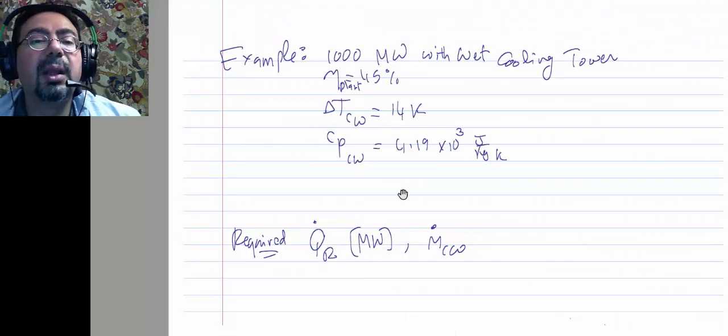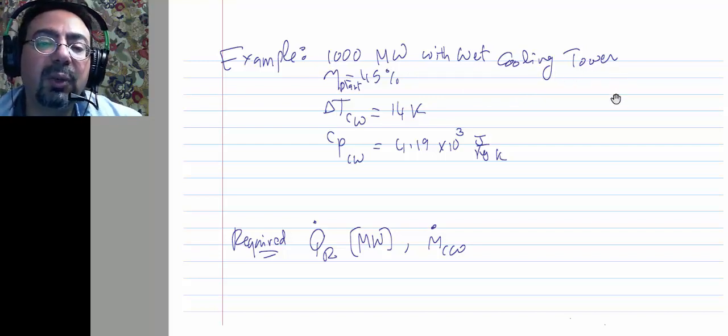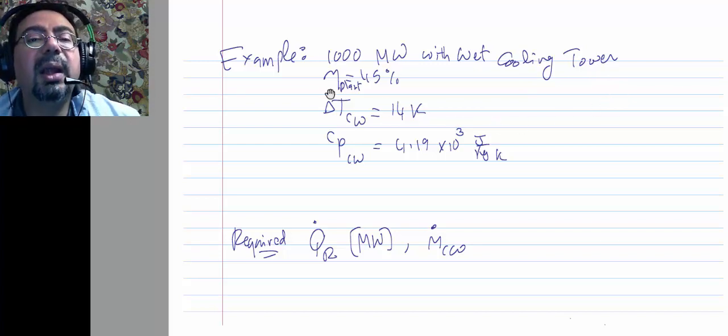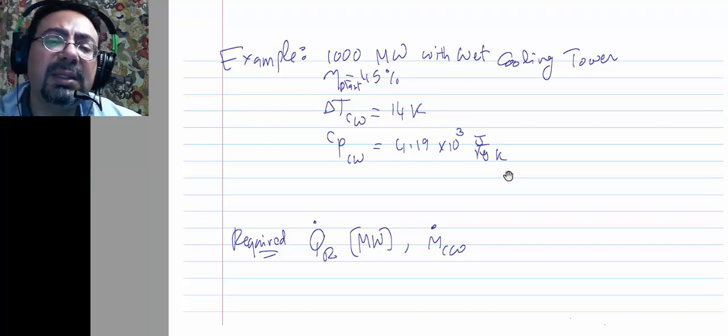So, a 1000 megawatt power plant with a wet cooling tower. It has a big cooling tower that cools the condenser, and the thermal efficiency is 45%, and the delta T of the cooling water is 14 K, and the Cp of cooling water is 4 kilojoules per kilogram-K. What is that?